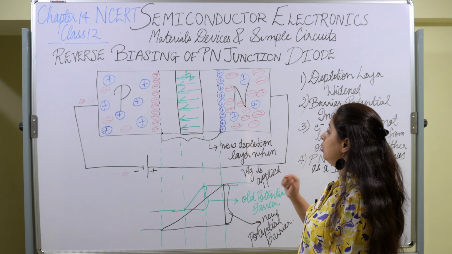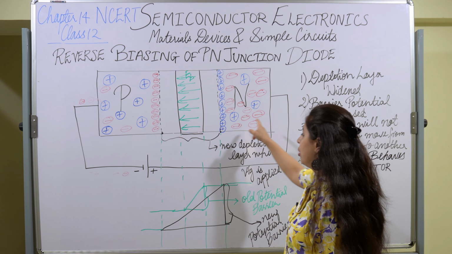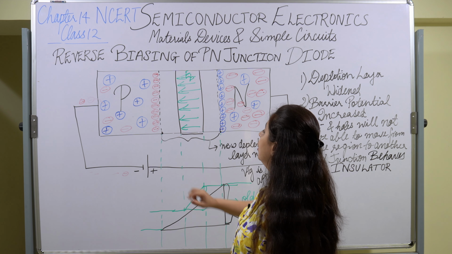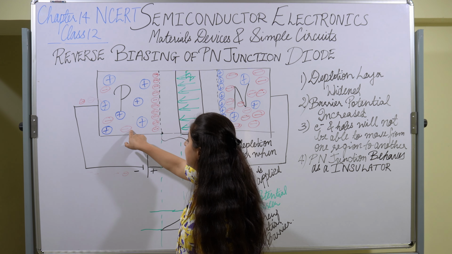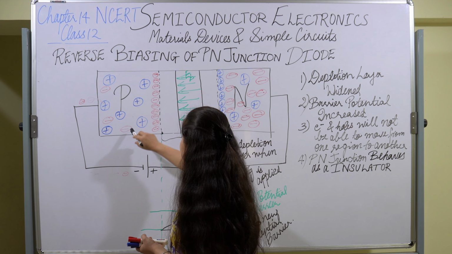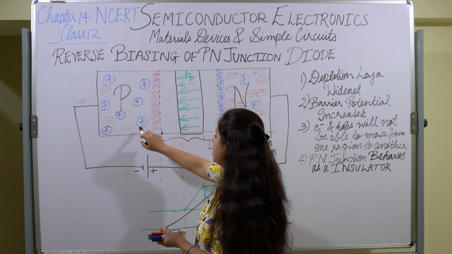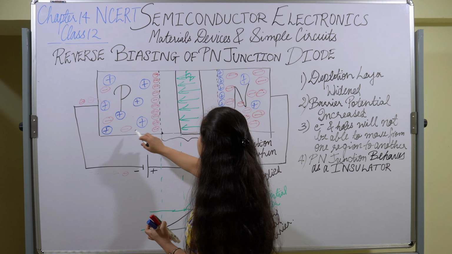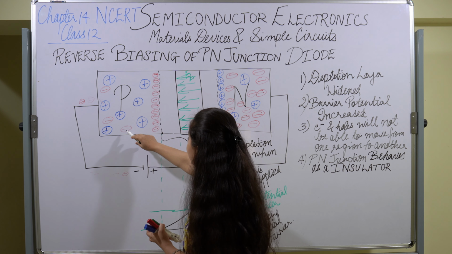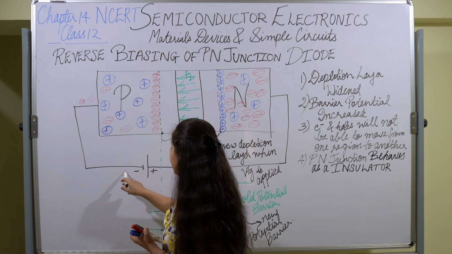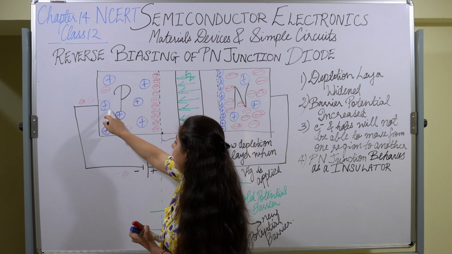Okay, so in spite of this, the electrons will not be able to move over here because my depletion layer has got widened, but these electrons will move from this region to this region, because as I am applying the voltage, electrons are going from here and they are recombining.